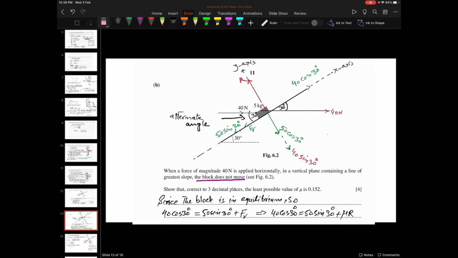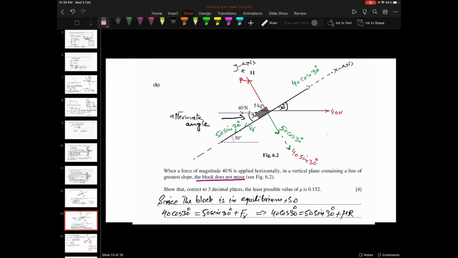Now see the figure carefully. We have taken the plane on the x-axis and normal contact force on the y-axis. And the 40 Newton force proceeds towards the right. This force is making an angle of 30 degrees with the x-axis.